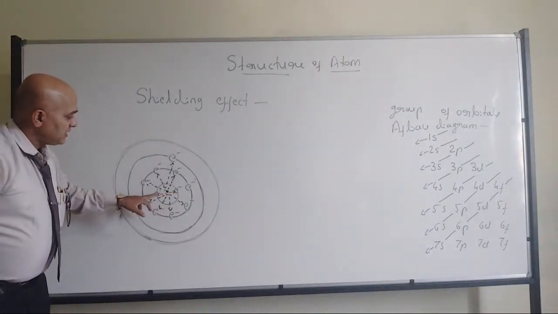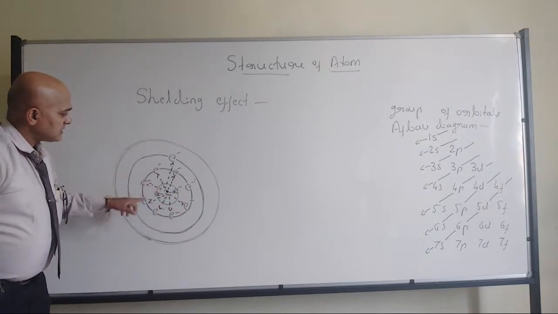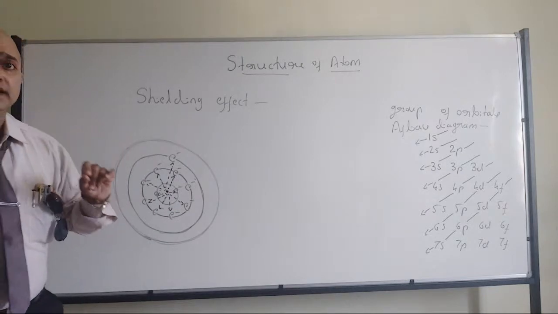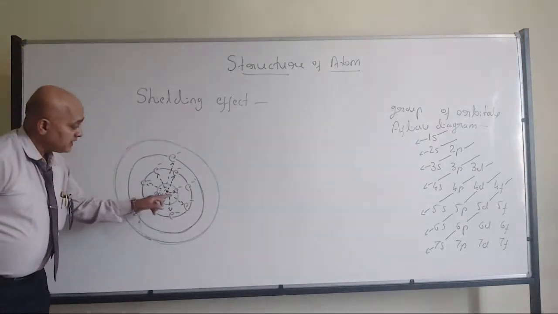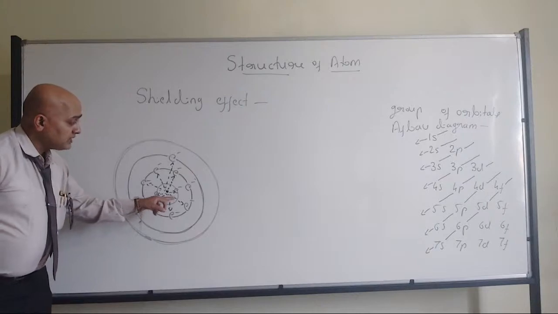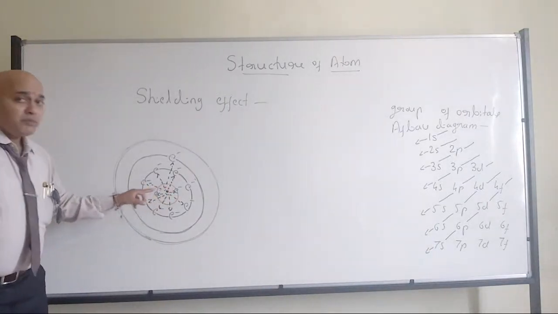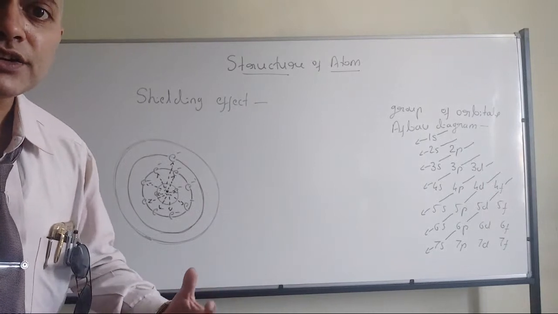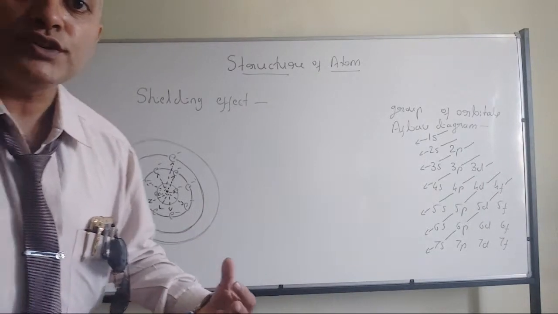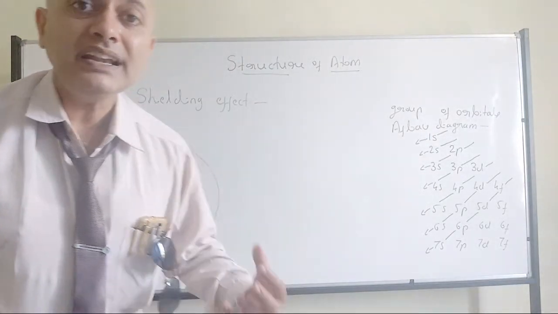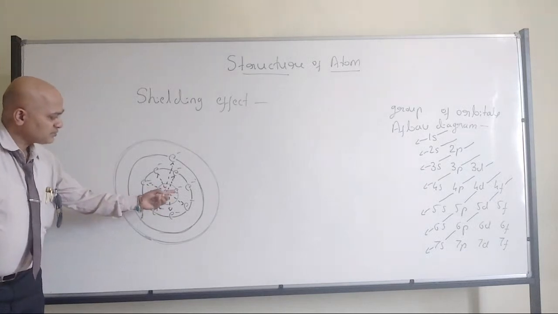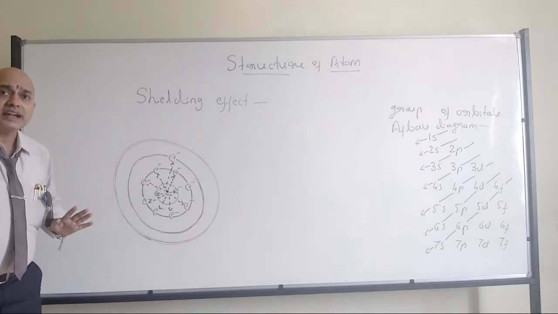It is acting on all these electrons, even the outer electron. Now if you observe it carefully, inner shell electrons are the only electrons which will be feeling 100% nuclear force. Yes, Tanay. So these two electrons are the ones which will feel 100% nuclear force acting on them.